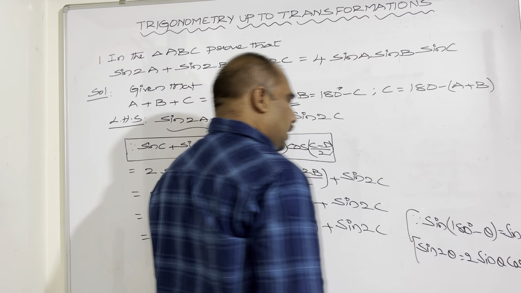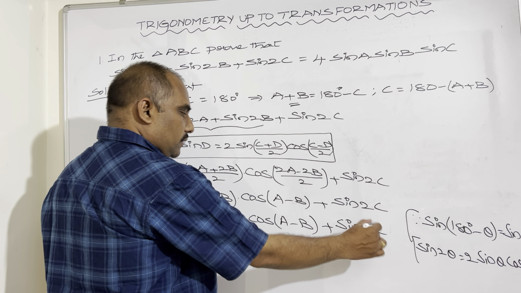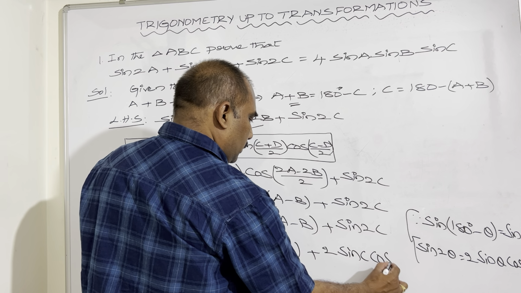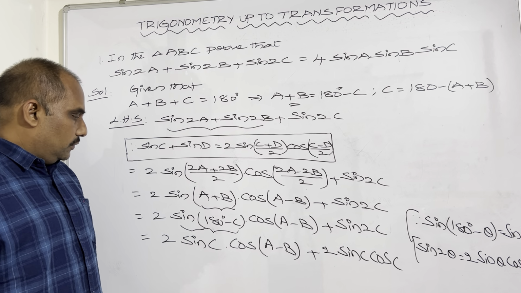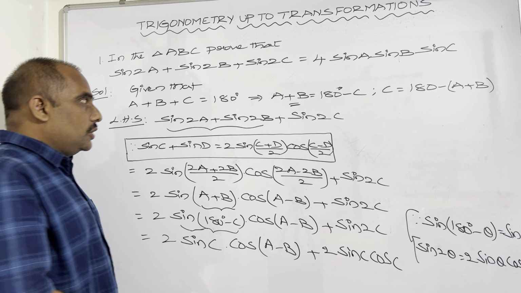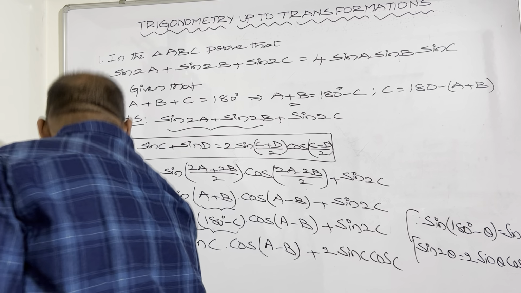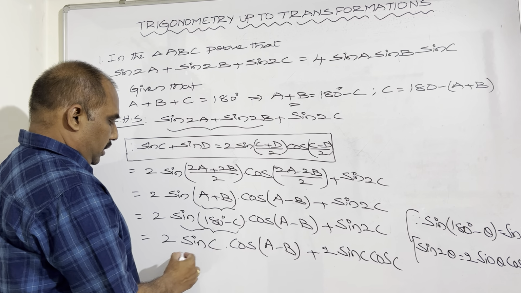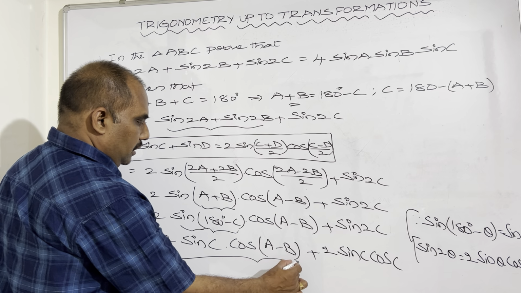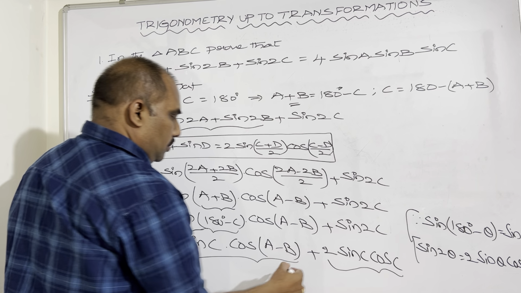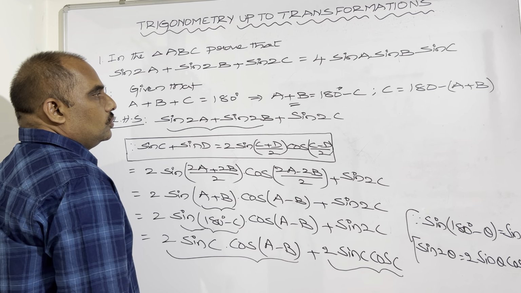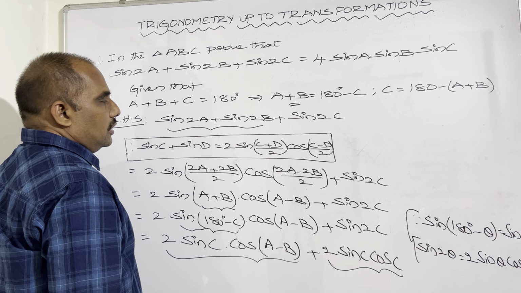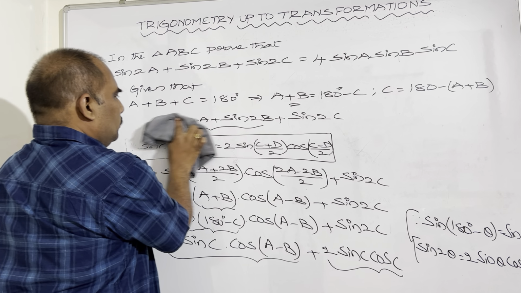In terms of C, it is 2 sin C cos C. Further, if you observe, 2 sin C is common in both the terms, so I am taking 2 sin C common. Observe the solution carefully.